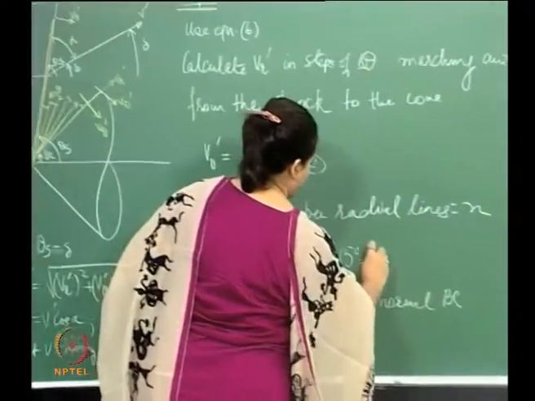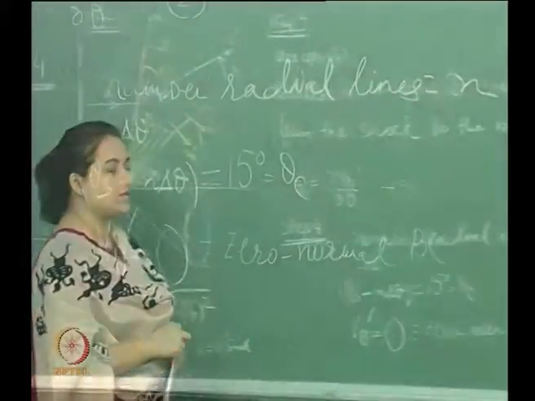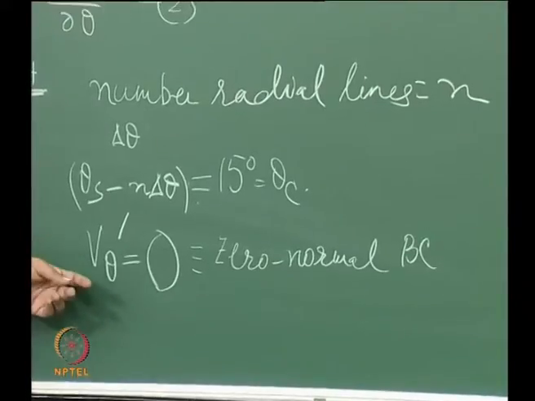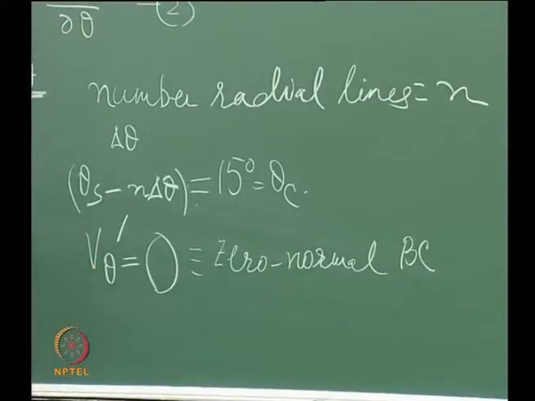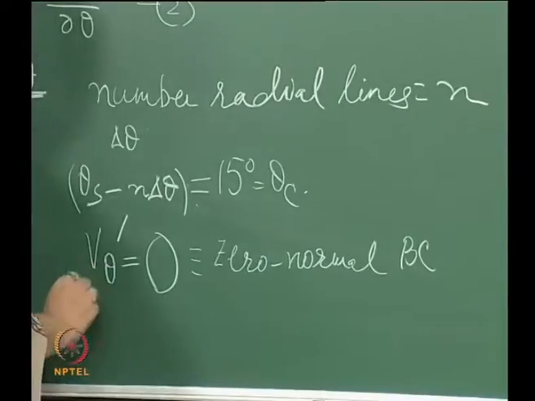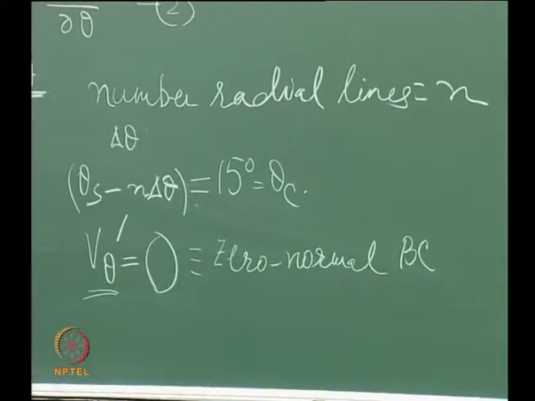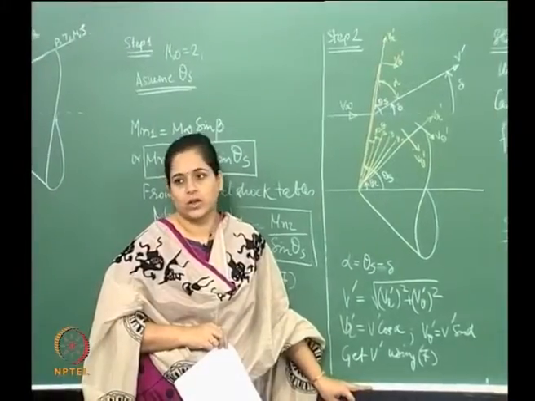This is theta c, which in our case is given as 15 degrees. So at 15 degrees, v theta dash should be 0. This is what one should achieve, but considering that this is a numerical procedure, obviously this is not going to be so.